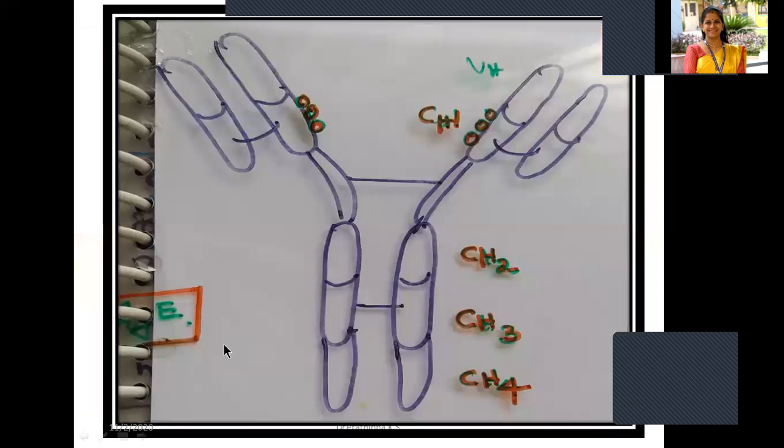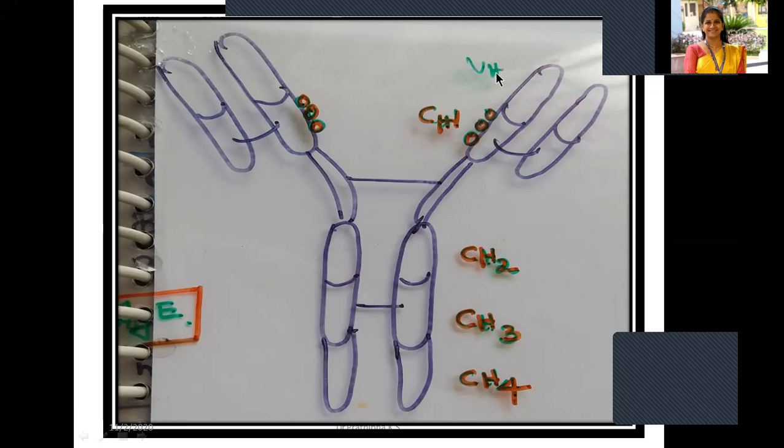Okay, this is the structure representation of immunoglobulin E. This is a very simple, easy diagram. Here there is no hinge region. One disulfide bond is here, another disulfide bond is here. So you can label this as variable light chain. This is constant light chain. You can label this as interdisulfide bond.